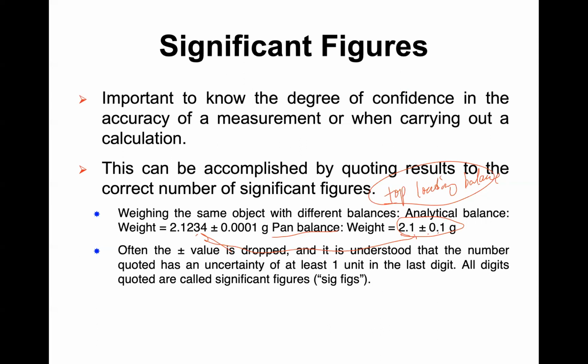Often we have this plus or minus value, but in many cases we drop it, because we assume it is something like 1 or sometimes 5 in the last digit. Those are very small, so we normally don't write them.